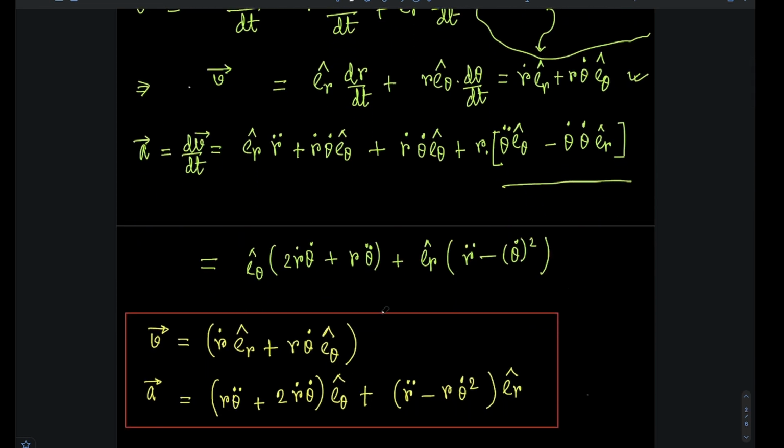So this is the expression of acceleration, and this term is called the transverse or normal or tangential component of acceleration, and this term is called the normal or radial component of acceleration.